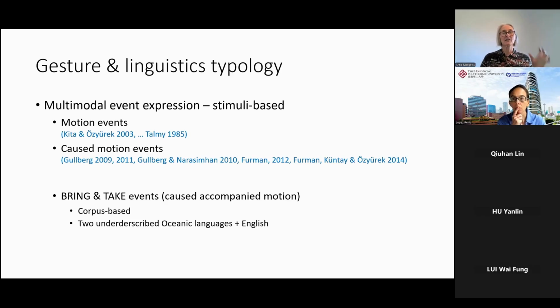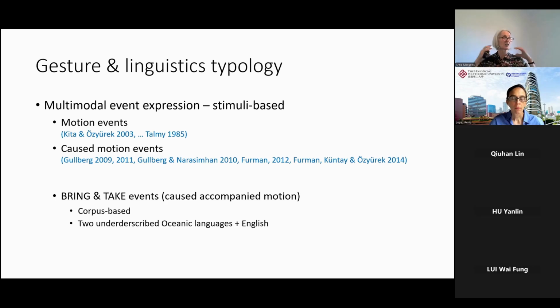Most of these are still studies on European languages, but for motion events, we have a broader spread, and notably Kita and Özyürek, obviously Japanese and Turkish in that original study. So our study looking at bring and take events, a type of caused motion, particularly caused accompanied motion, I'll come back to that, is somewhat different from the studies that already exist, in that we work with corpus data that was not recorded for the purpose of our study.